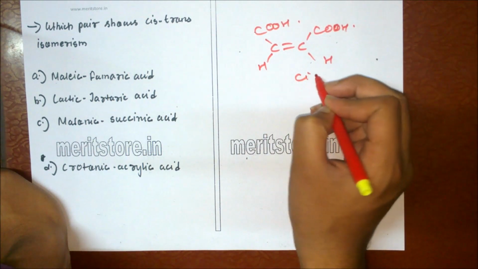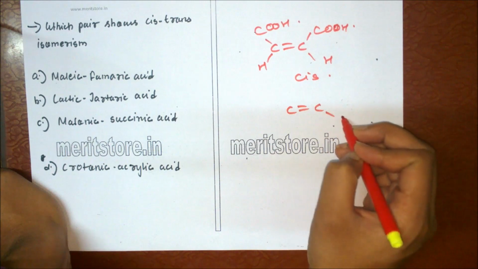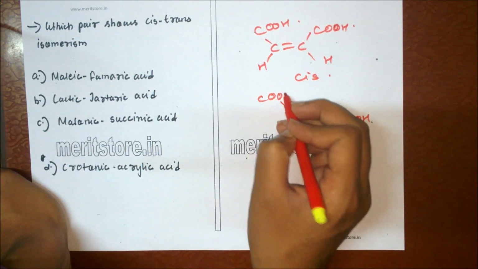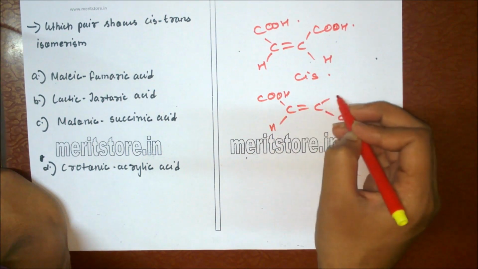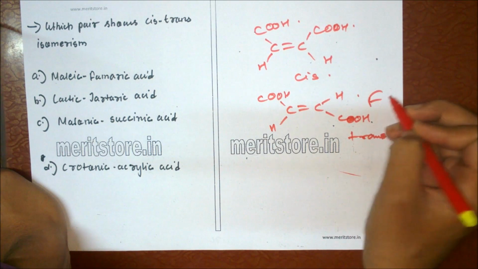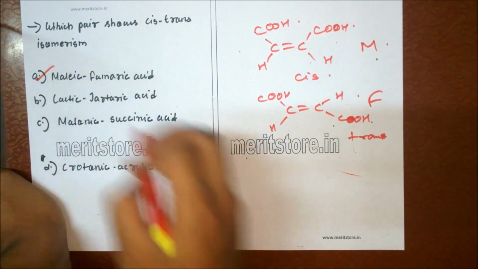This is the cis form, and the trans form is fumaric acid COOH. Here comes the hydrogen and one hydrogen. This is the trans form. This is fumaric acid, this is maleic acid. So this is a pair of cis trans isomerism.